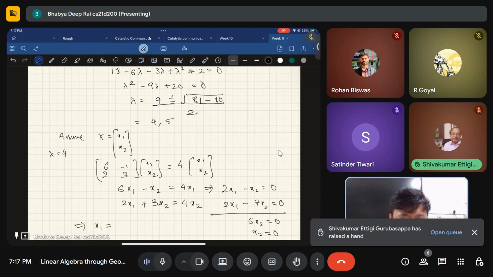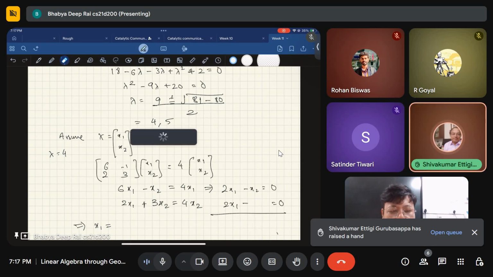Mr. Shivkumar, do you have a question? If you take 3x2 to the right hand side, 4x2 minus 3x2 will be x2.